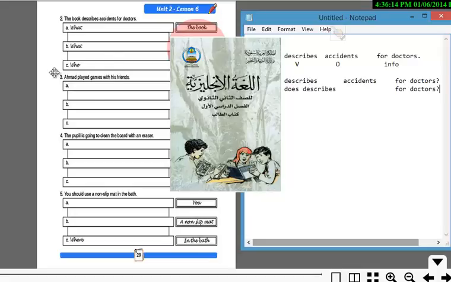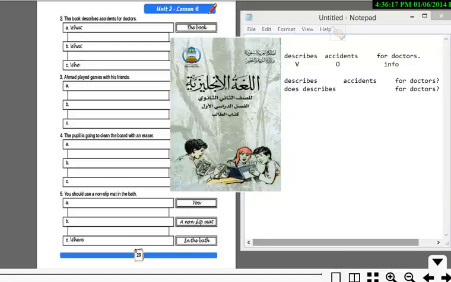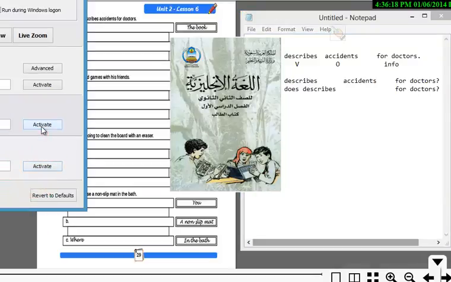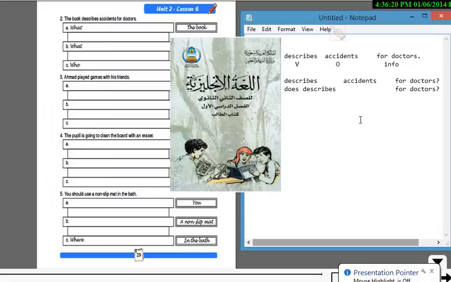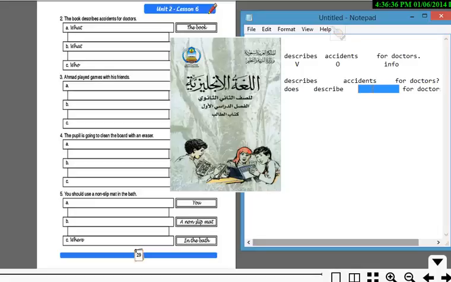Now, note that again, if I want to think about the question here, like what does describe for doctors? Well, I can't just say this in the same way. There must be something that's separating between the two parts of the verb, which we did last time.